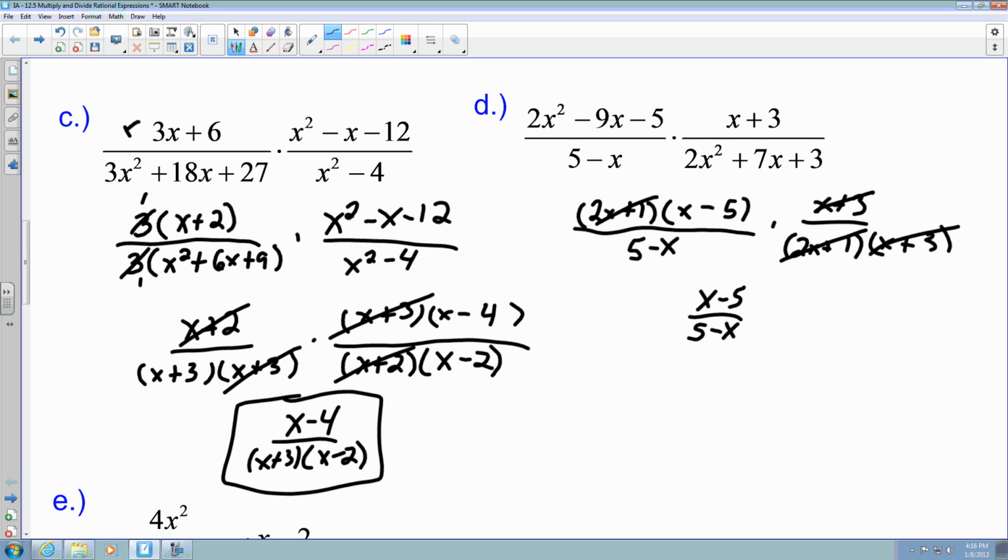Now they look fairly similar, but I can now rewrite this equation by saying negative x plus 5. So it looks like x minus 5 over negative, oh, I'm sorry.